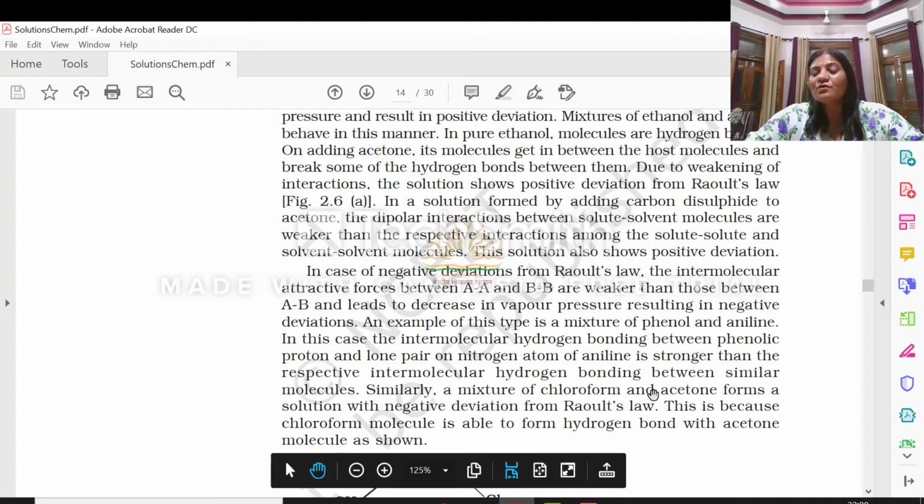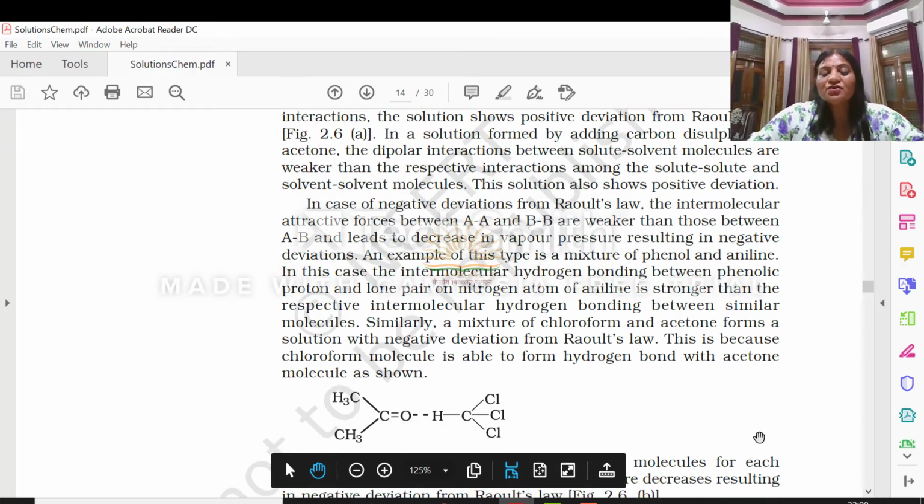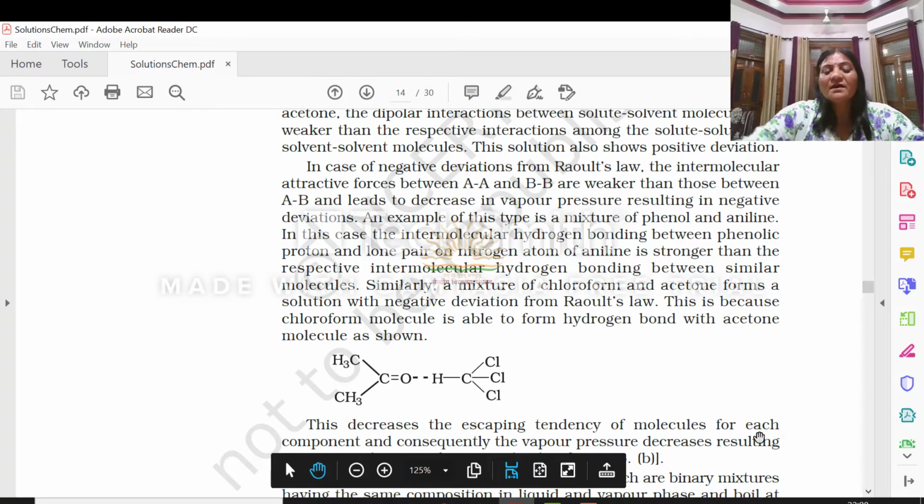A mixture of chloroform and acetone forms a solution with negative deviation from Raoult's law. This is because the chloroform molecule is able to form hydrogen bonding with the acetone molecule, and it is shown here. This is acetone, propanone, and it is making hydrogen bonding with chloroform.